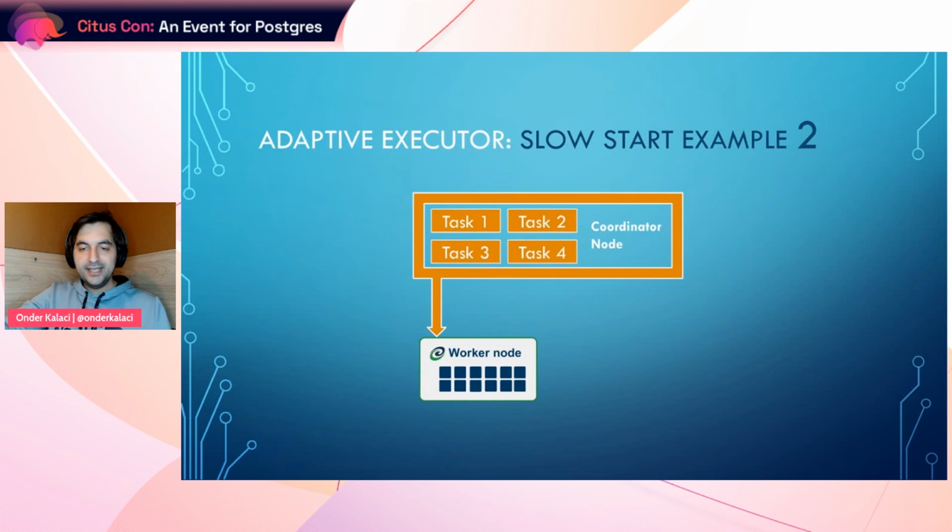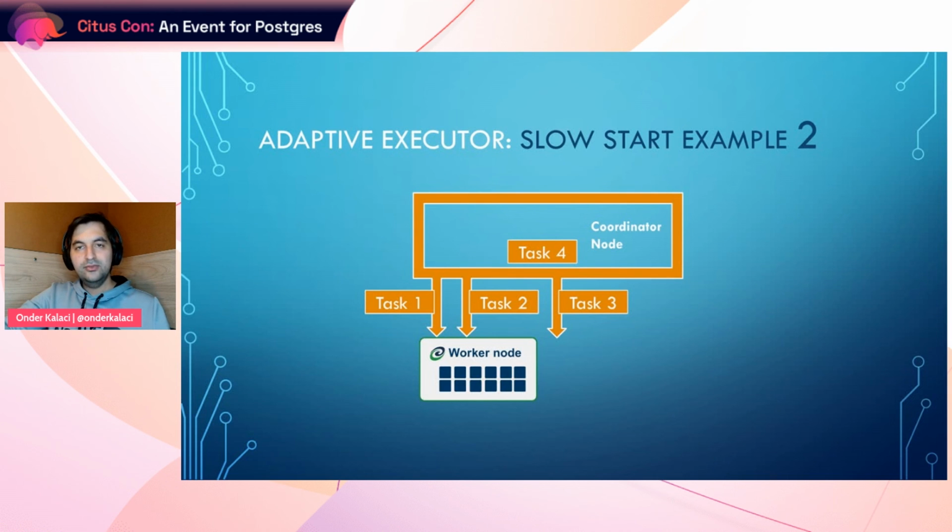Okay, in this second example, let's assume that the task execution times are in the orders of seconds. So, for example, the first task is assigned to the already established connection, and then after 10 milliseconds, the executor realizes that the task has not finished, but we still have many tasks to assign. So it builds up 2 more connections. Once those connections are established, 2 tasks are pulled from the queue, and they start running in parallel alongside the first one.